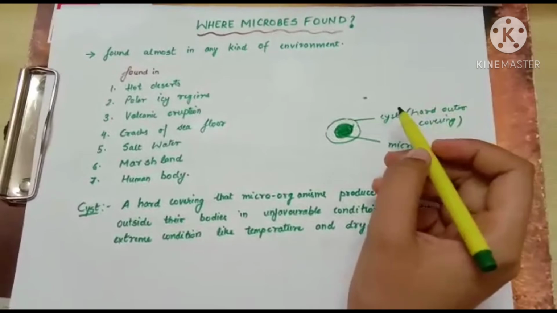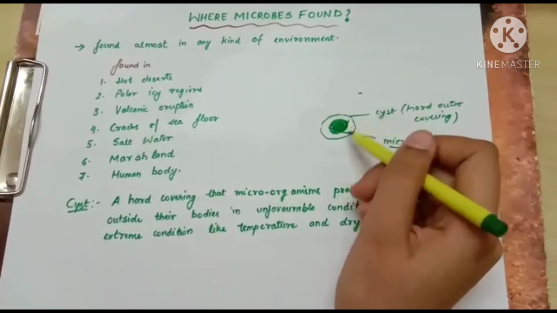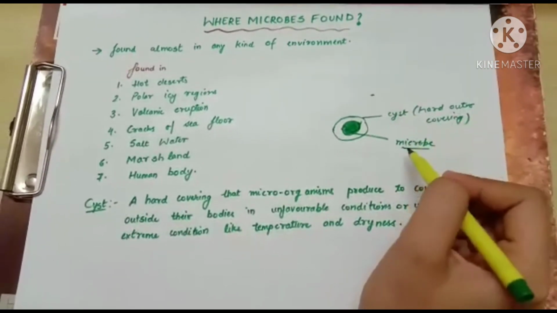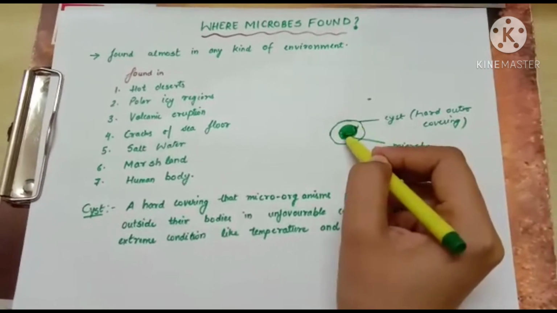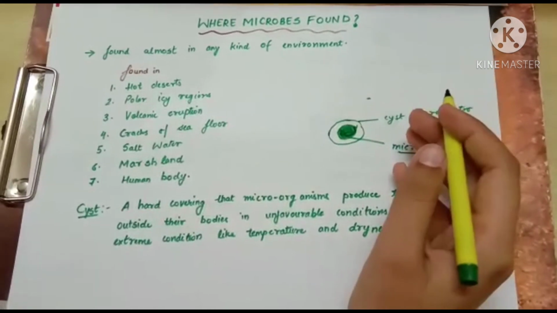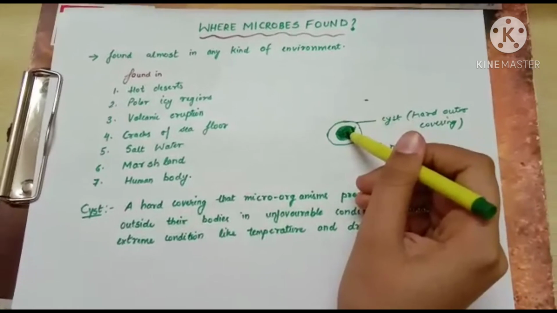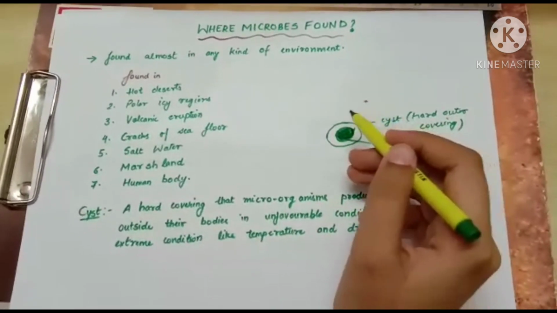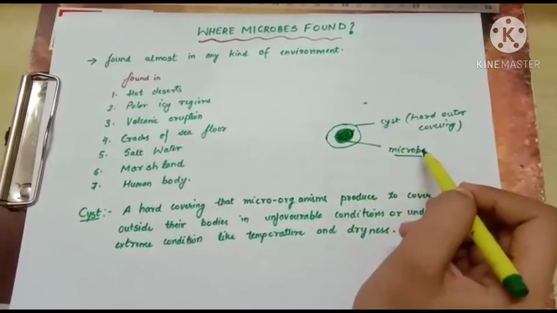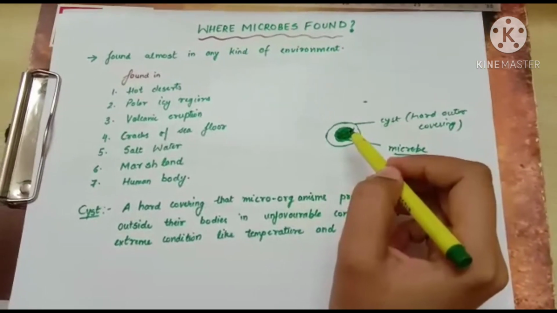Now, what do you think? Is this microbe alive or dead inside the cyst? The answer to this question is that the microbe obviously is still alive inside the cyst, but in inactive form. So this is a very important concept to note down, that inside a cyst the microbe is alive and it is present in the inactive form.